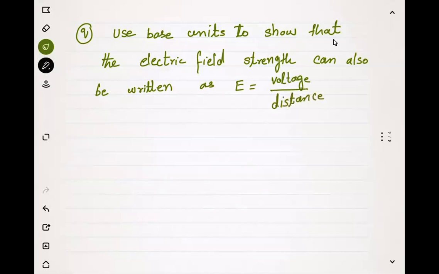So we have to show that voltage over distance also represents electric field strength, and we have to show this using base units.